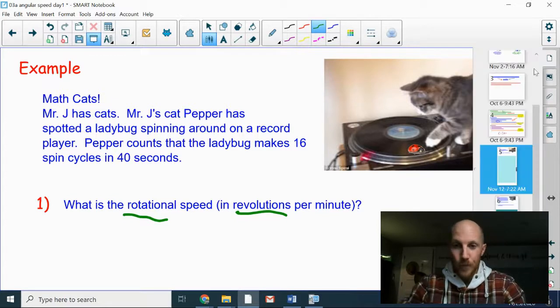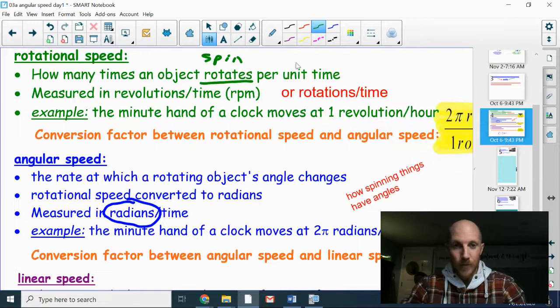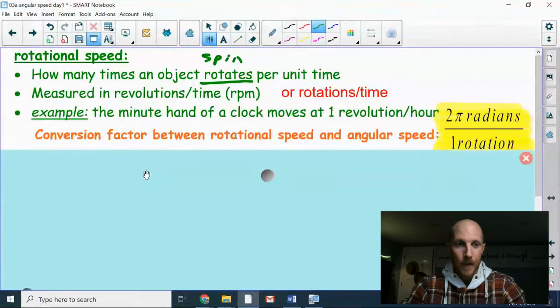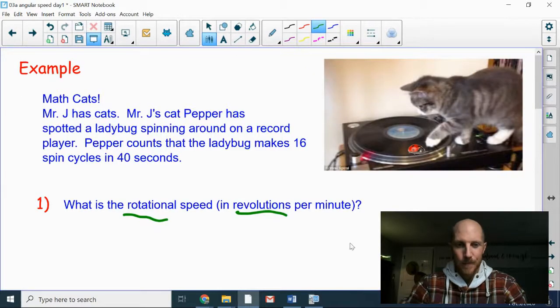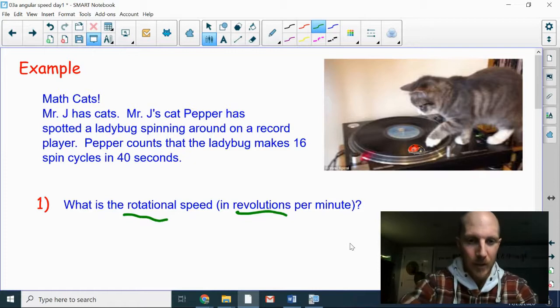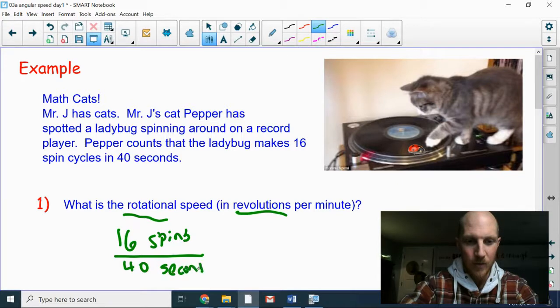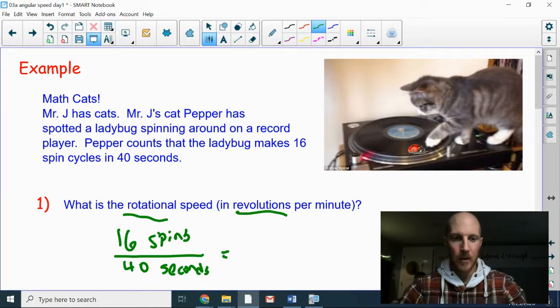Okay, so let's take a look back at our notes. Rotational speed: how many times an object spins per unit time, rotates per unit time, revolves per unit time. So Pepper counted that. I know how many times that object spins per unit time. So in order to calculate the rotational speed, I'm going to take the 16 spins divided by the time, which was 40 seconds, and we'll divide.